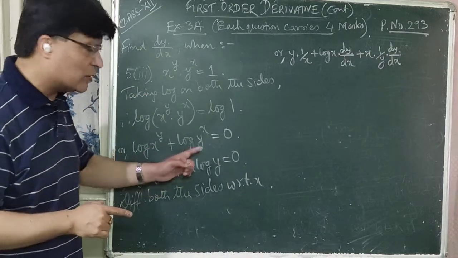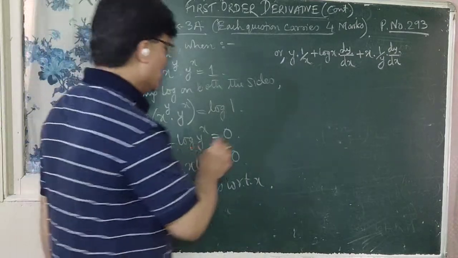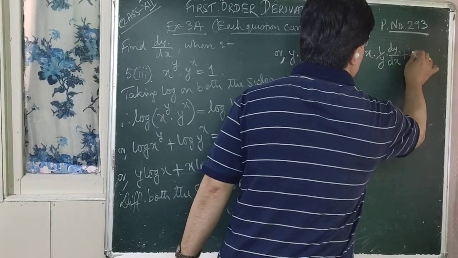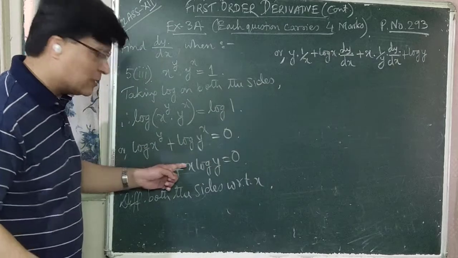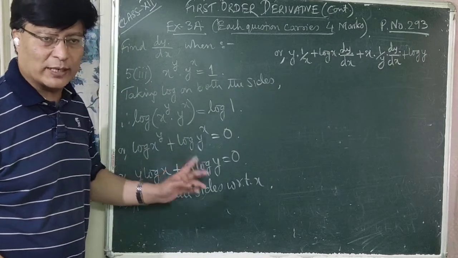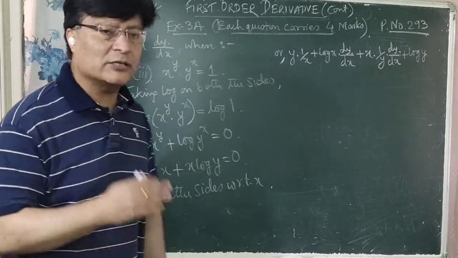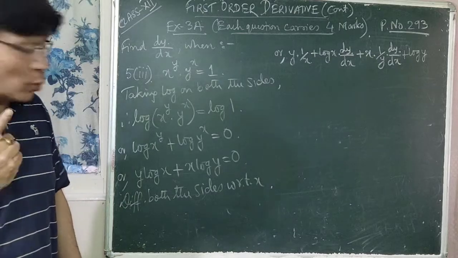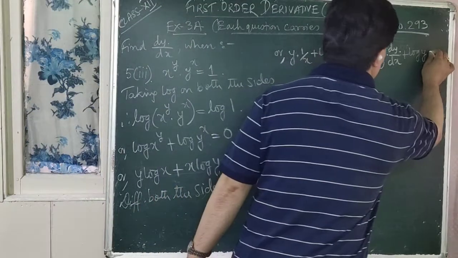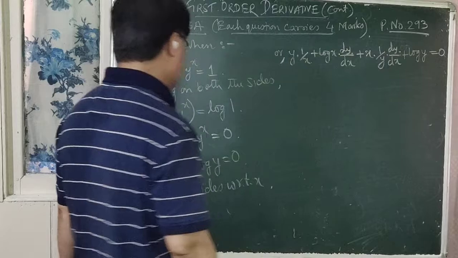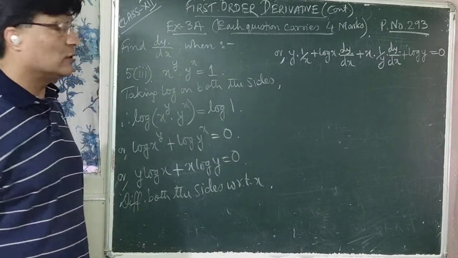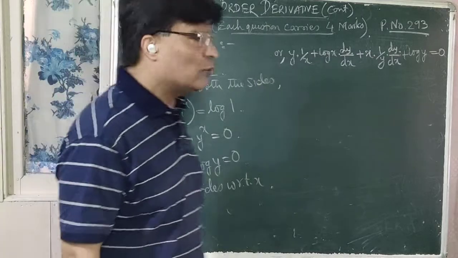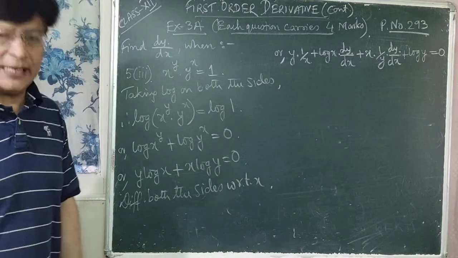Plus, now log y is kept as it is. Take the differentiation of x with respect to x. That is always 1. So which is equal to the dy by dx of 0, which is always 0, that is constant.